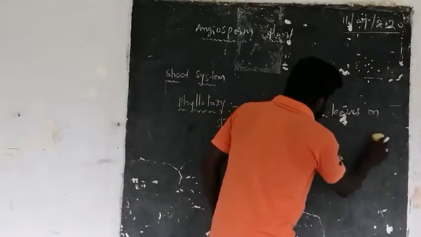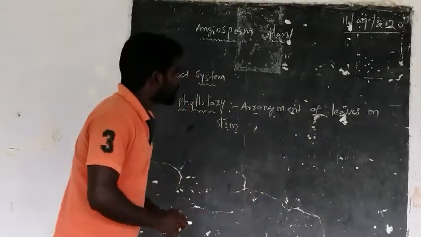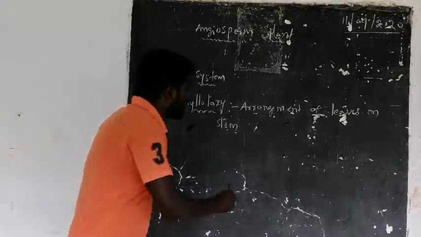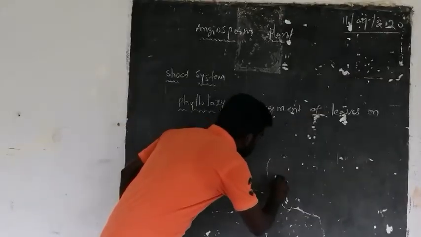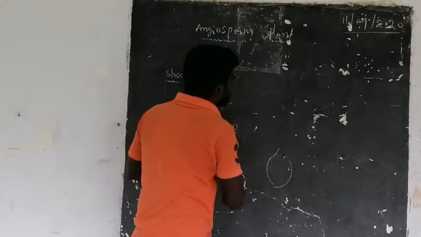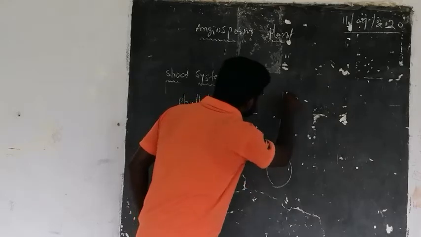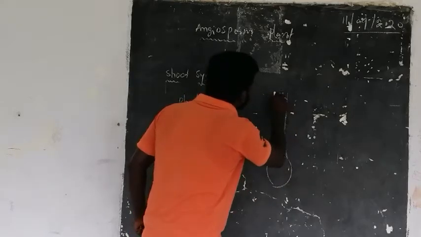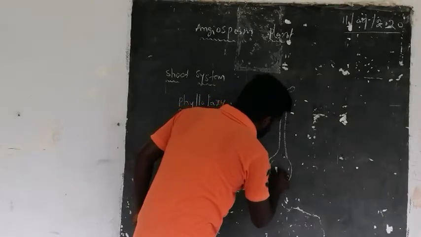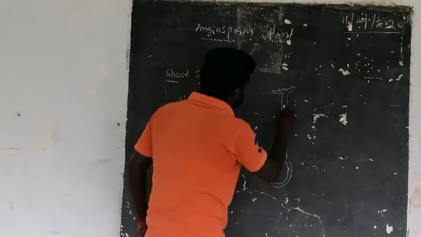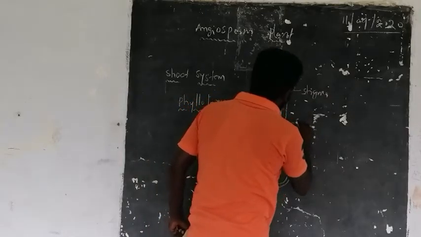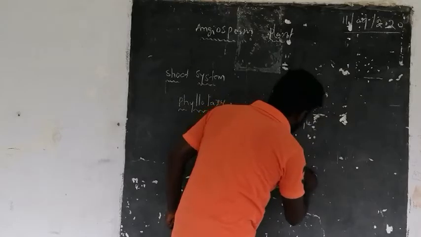Next, as I told you yesterday, in the female reproductive part, this is the stigma, style, and this is the ovary.